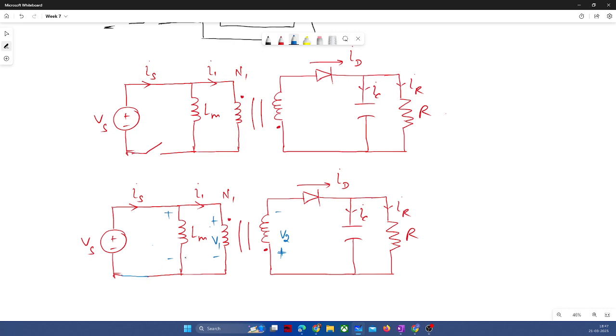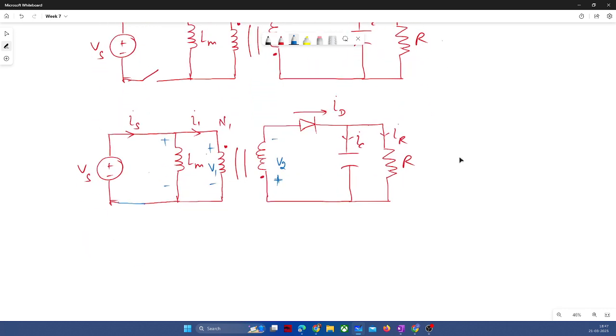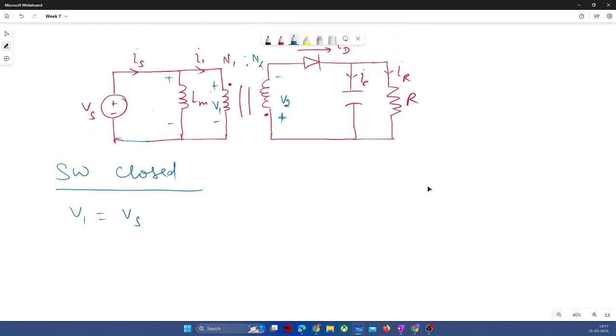So when this switch will be closed, our V1 will be equal to Vs. Now, by the property of the transformer, let us suppose N1 and N2 is the turns ratio, V2 will be equal to N2 by N1 into V1.